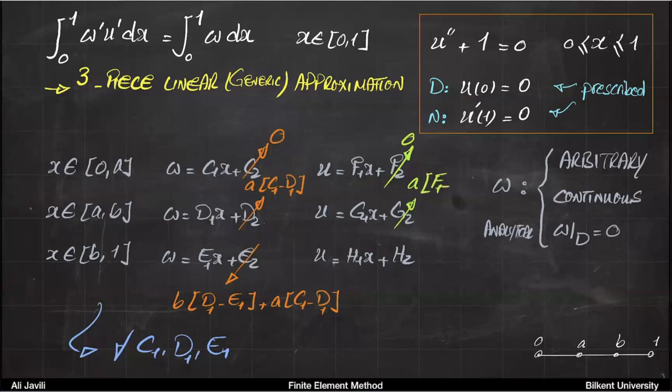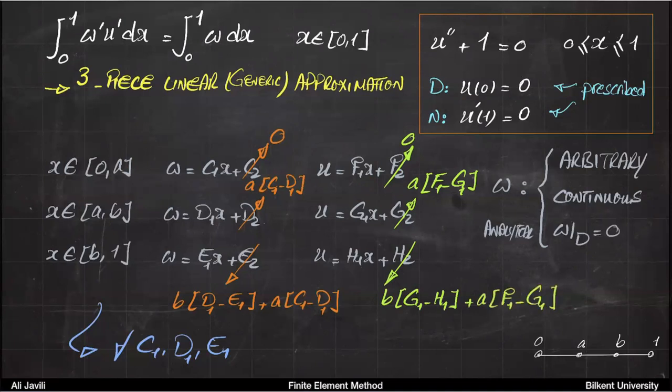Then this would be F1 minus G1. And then H2 would be B times G1 minus H1 plus A times F1 minus G1.